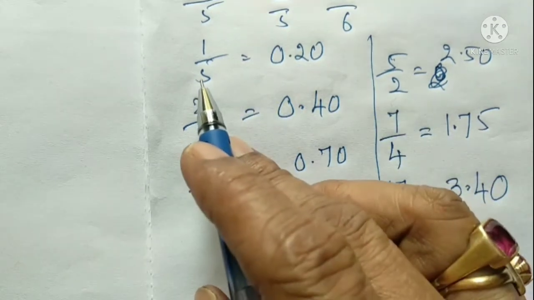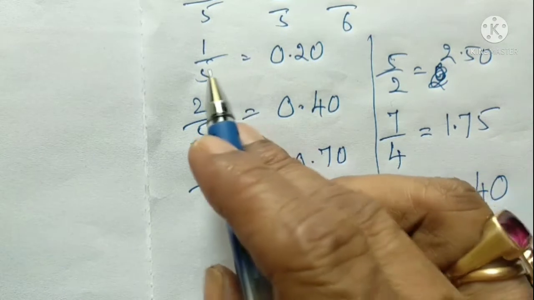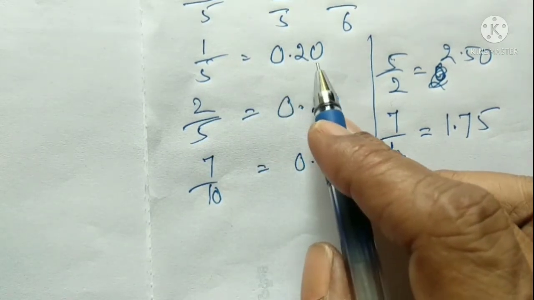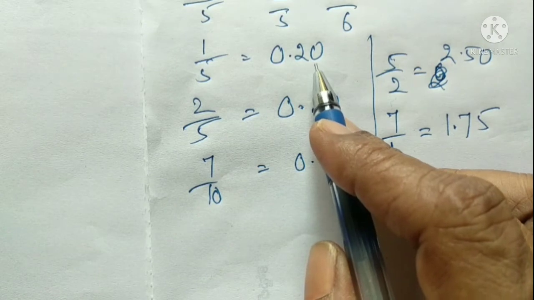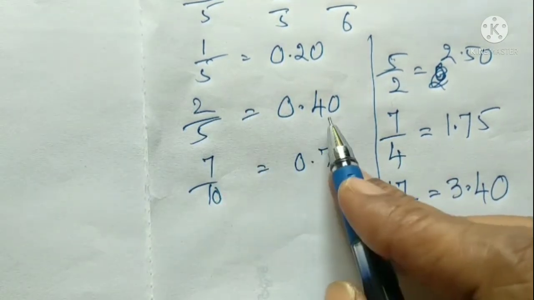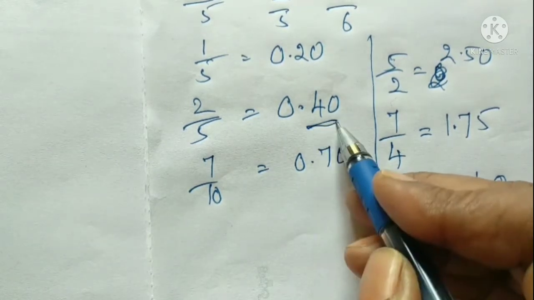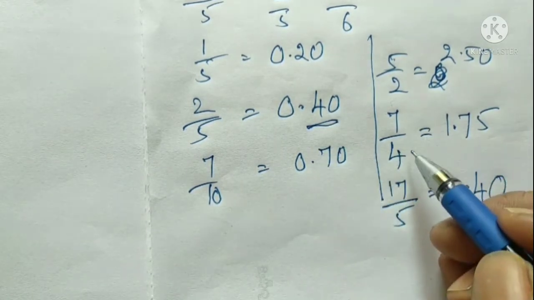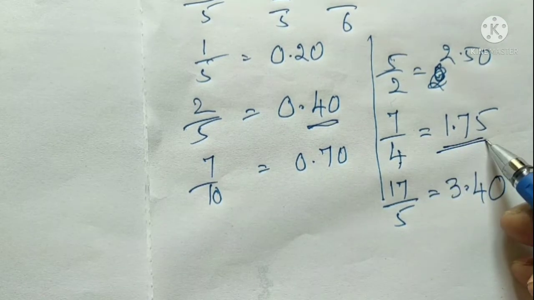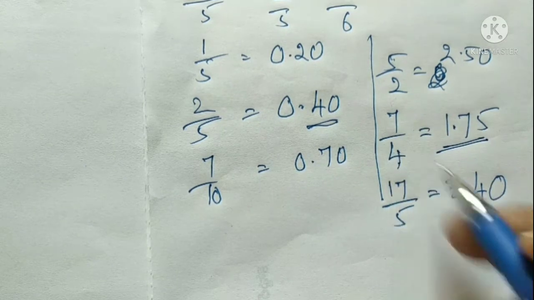Then what is the decimal form? Say 1 by 5 is equal to 0.20. So this 0.20 is called the decimal form of the fraction. So 2 by 5 is equal to 0.40. This is the decimal form, and here also 7 by 4 is equal to 1.75, means this 1.75 is called the decimal form of this fraction.